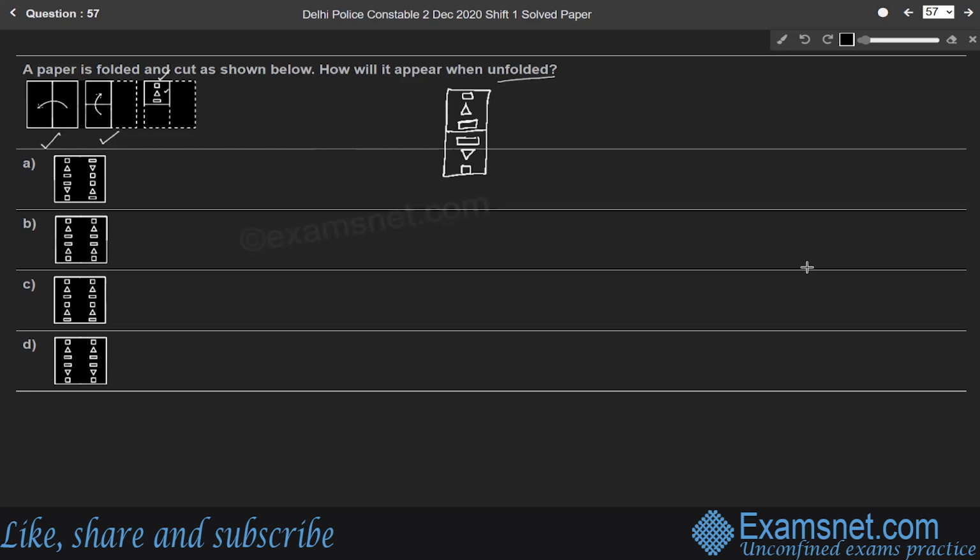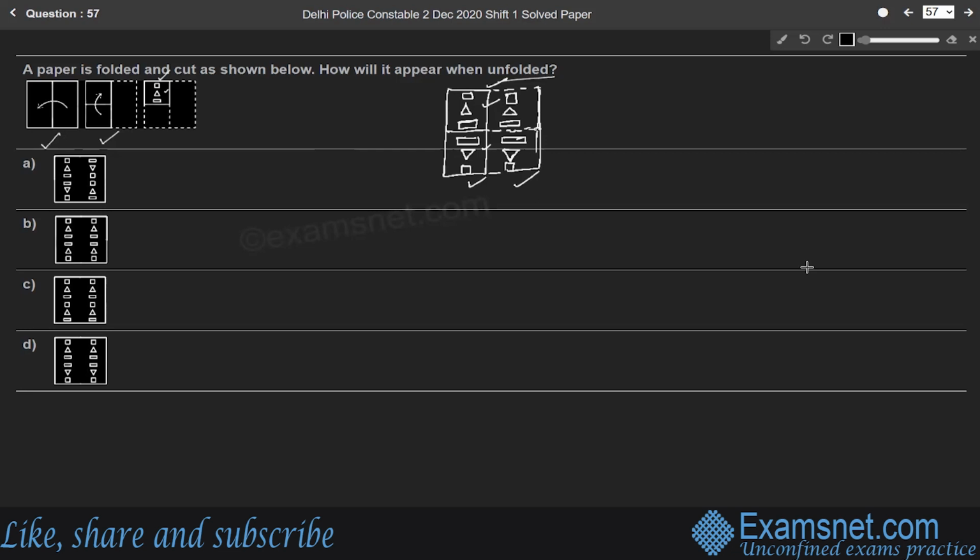So when it is unfolded once again, we will get complete square sheet of paper where we will get mirror image of the cut portions, right? So mirror image of the cut portion, upper side is exactly the square as it is, and a triangle upright, and a rectangle as it is. Whereas mirror image of the downward portion will be exactly the same: rectangle as it is, and inverted image of triangle, its mirror image, and square mirror image, right?